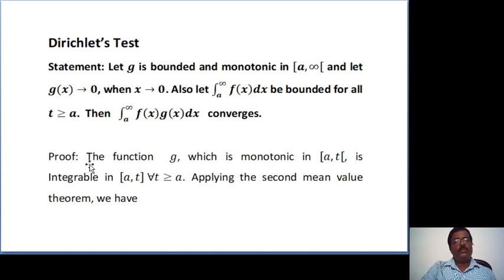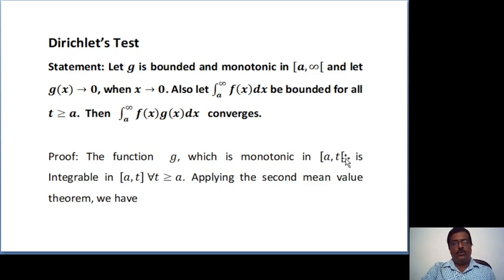So proof: the function g, which is monotonic in the interval a to t, is also integrable in the interval a to t for all t greater than or equal to a, because g is monotonic.